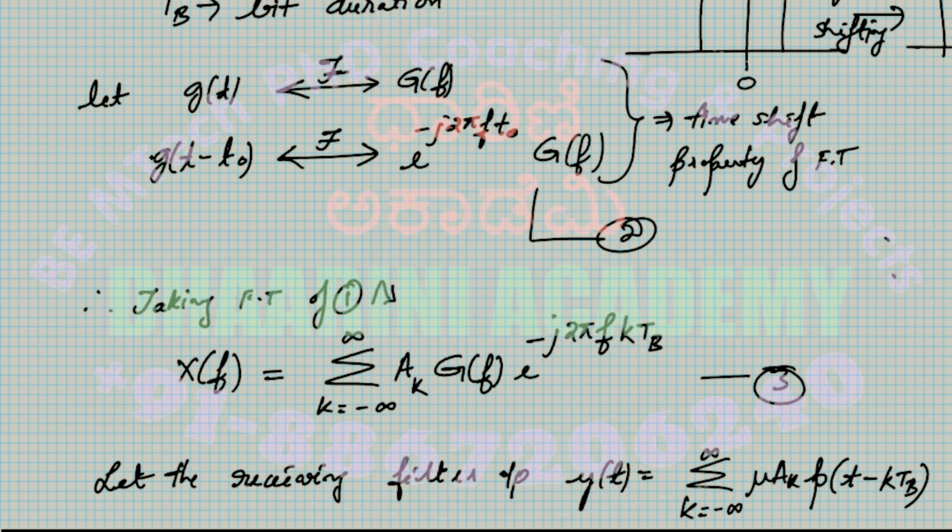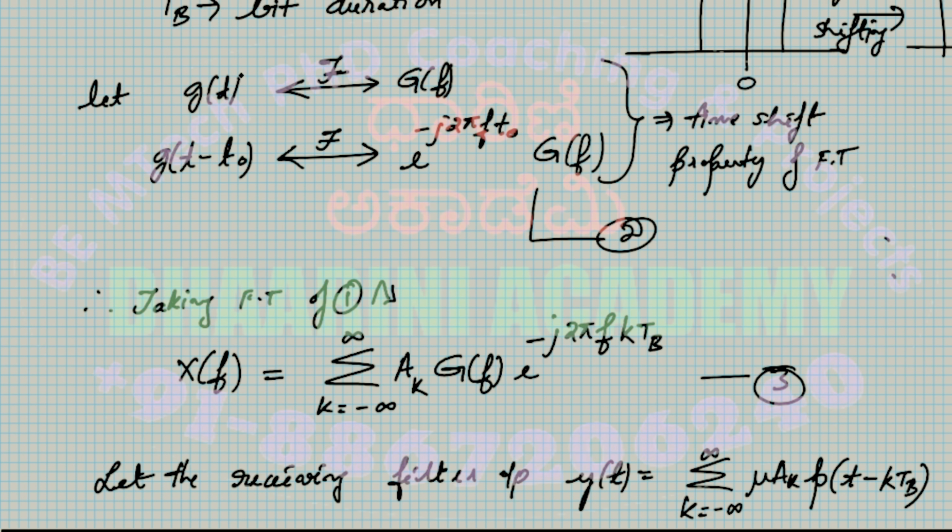If I shift my function g of t to g of t minus t naught, according to the basic properties of Fourier representation, you need to multiply G of f by e to the power minus j 2 pi f t naught on the right side. This is called the time shifting property of the FT.